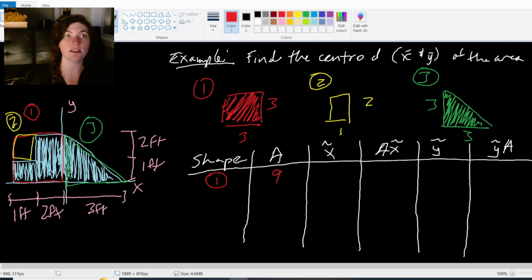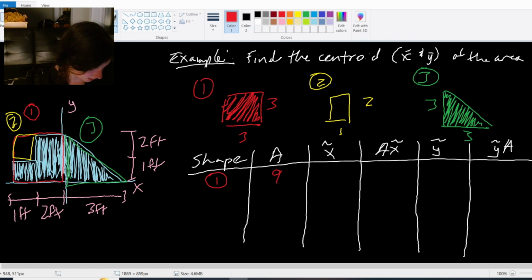Next I have my x tilde, and this is the centroid just of the shape, but it remains in the context of the diagram that it was drawn in. So for my x centroid, while you might think, okay, it's halfway through, so it's at 1.5, we have to keep in mind the context of where it sits in the xy axis that was given to us.